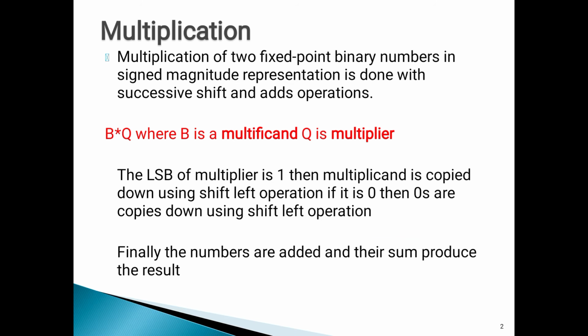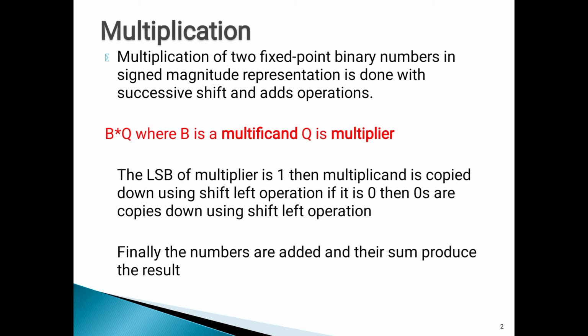So coming to the point, multiplication of two fixed point binary numbers in signed magnitude representation is done with shift and add operation. We need two operations, one is shift operation and another one is add operation, right? So we know how to perform the shift operation as well as add operation.